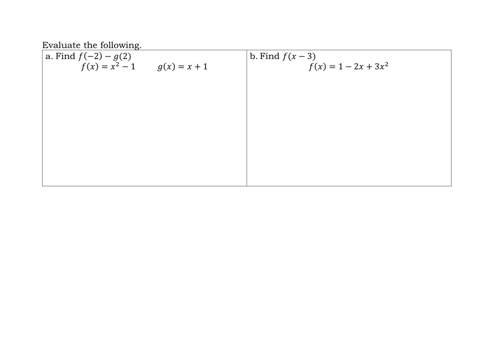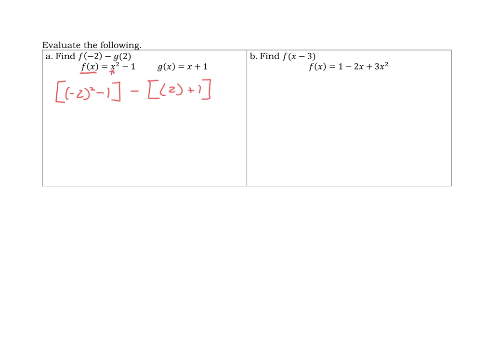Okay, some more. It says evaluate and find f at -2 minus g at 2. So I'm going to take this f function and in place of x, plug in -2. So I'm going to put this function here and do -2 squared minus 1, minus, this says put a 2 in place on the g function, so that's 2 plus 1.